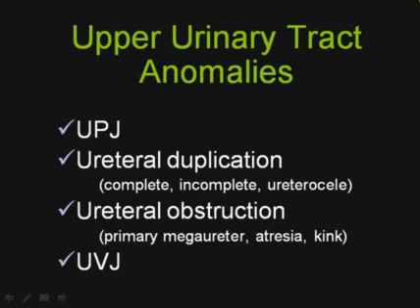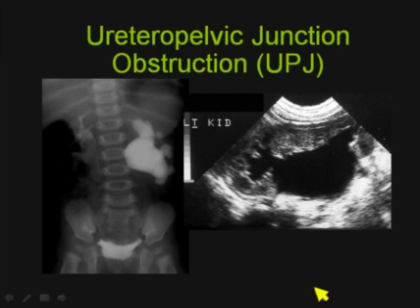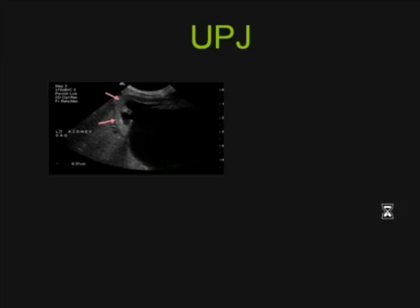Now, the upper tract anomalies include ureteropelvic junction obstruction, ureteral duplication, ureteral obstruction, and ureterovesical junction obstruction. With a UPJ obstruction, we're going to see that there is dilatation of the calyces, the infundibulae, and all of these communicate with this very large pelvis.